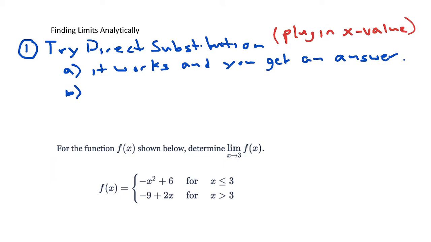What you might get is some number that's not equal to 0 divided by 0. And if that happens, that is a vertical asymptote.